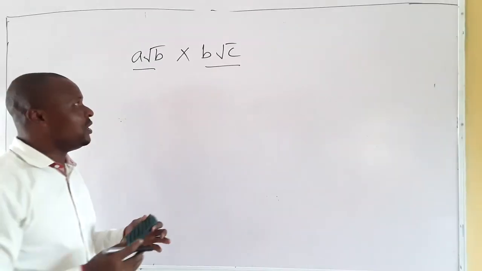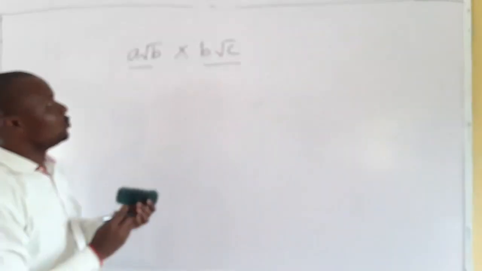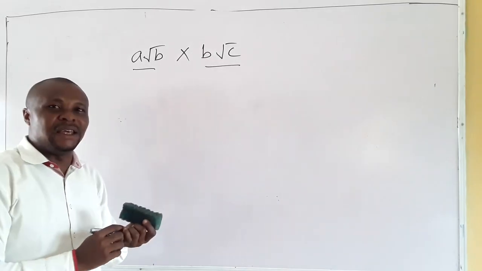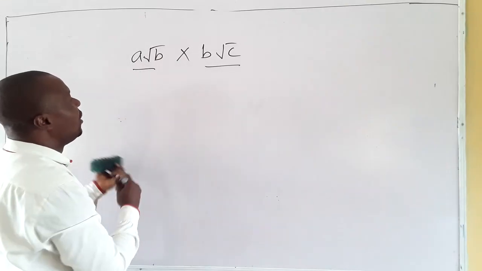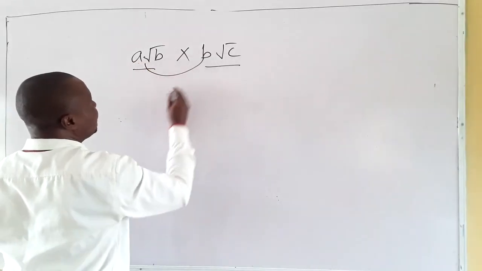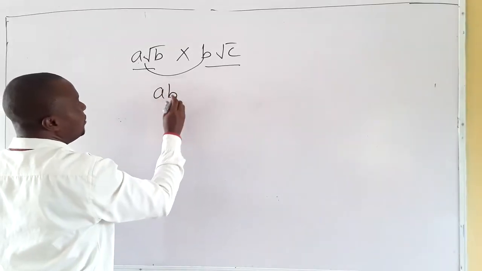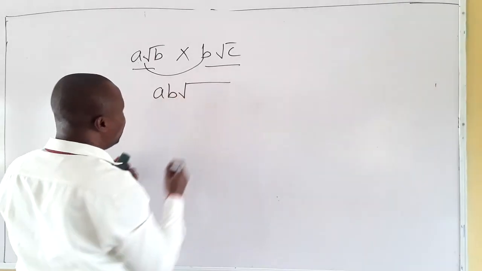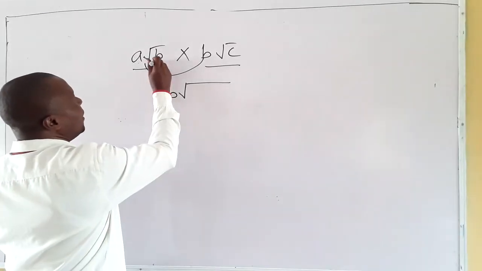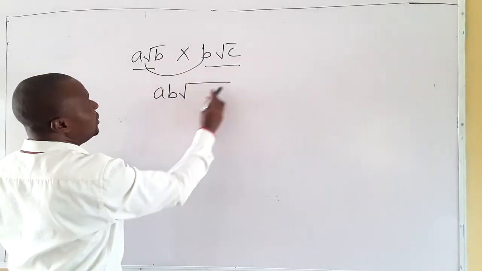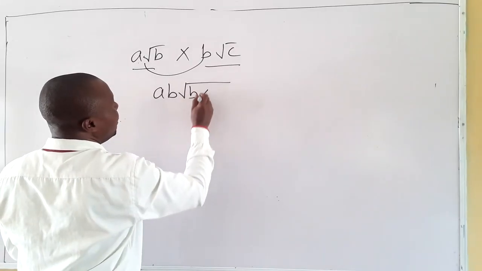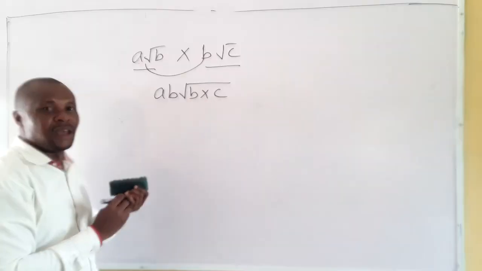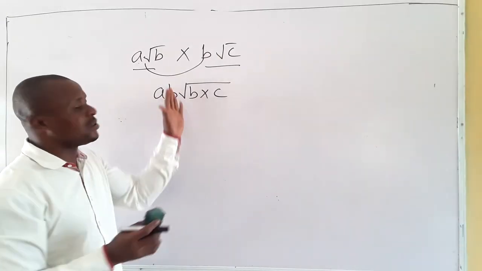First, we multiply the coefficients, the numbers outside the root sign, a times b. Then we open up a root. Then we multiply the numbers under the square root, so this gives us b times c. These are just variables I used to represent.